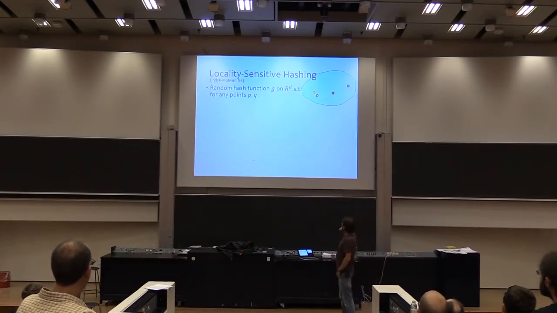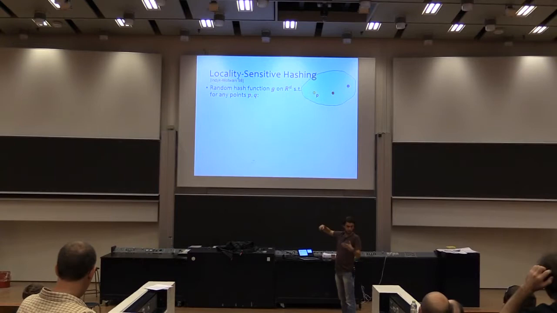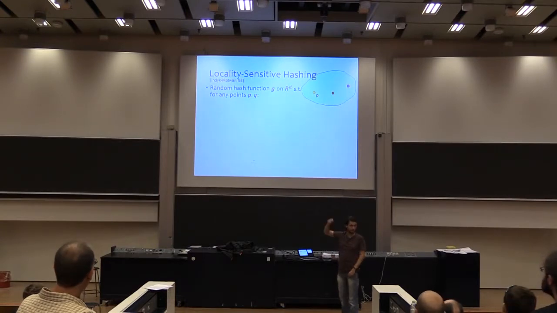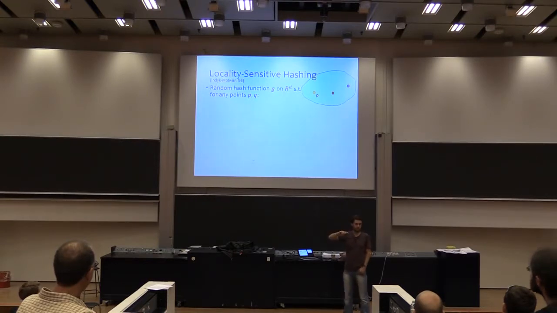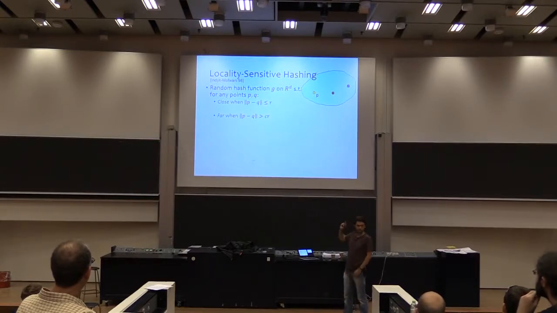Okay, so what is locality sensitive hashing? It is based on a random hash function, G, defined on real space of dimension D. So this is our space where we solve our nearest neighbor search. Again, dimension D can be potentially large. Think about this as like 700, for example. And we want the following properties from this hash function. Namely, there will be two properties that we want.